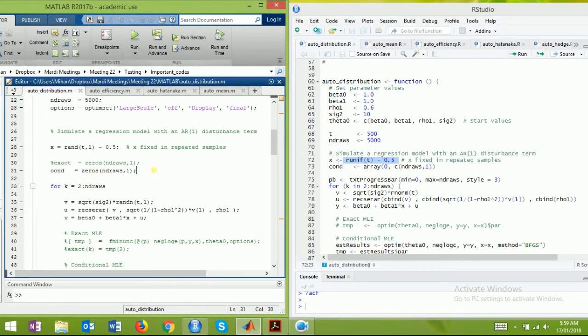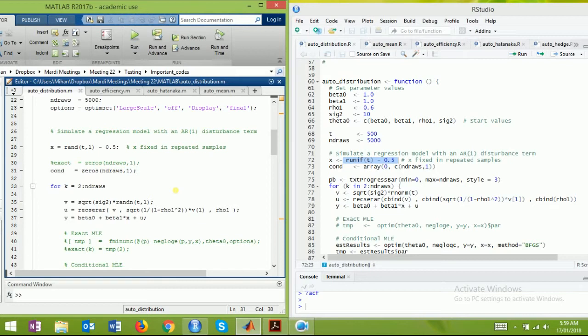Then let's do the conditional one. Exact is the same thing. First do the conditional estimation. We set the arrays for the values. Condition is zeros, number of draws rows, one column. That means we want condition to have 5000 entries where the simulated results, the replications, will be stored.